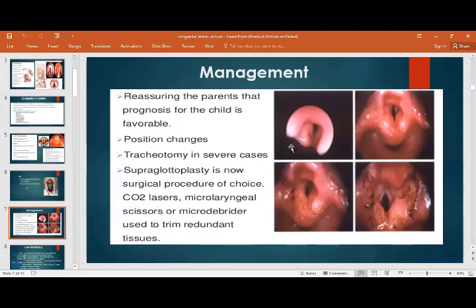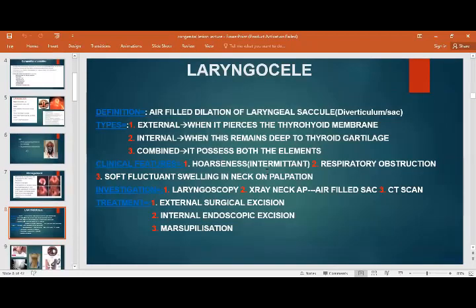And sometimes we can go for surgical intervention through nowadays lasers, the carbon dioxide laser, or microlaryngeal scissors, so that we can cut and slightly trim and remove the excessive cartilage and excessive portion which is obstructing the epiglottis.